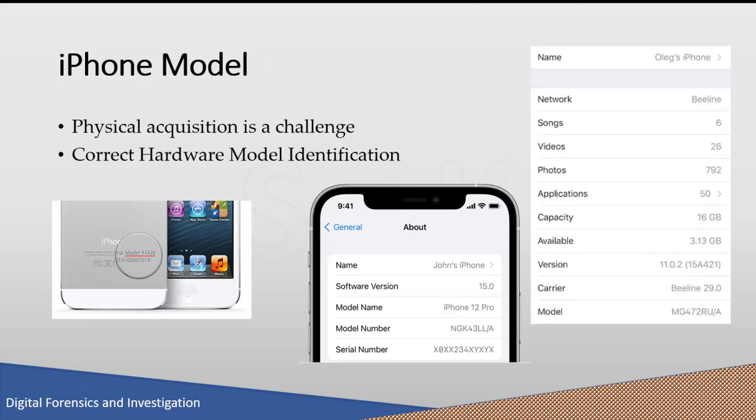This will waste time and force the examiner to acquire the device image again. And finally, the network capabilities of the device must be noted, so the examiner can properly isolate the device to prevent any remote access or wiping during the examination process.